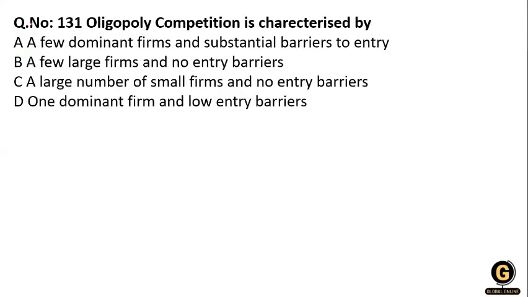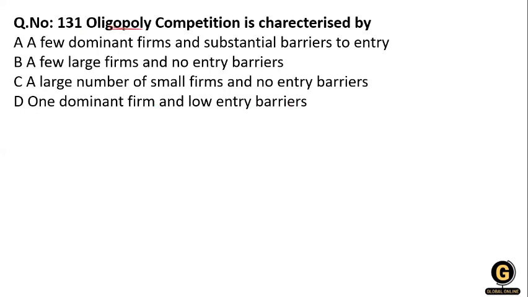Now, the oligopoly market is characterized by a few dominant firms and substantial barriers to entry, a large firm and no entry barriers, a large number of small firms and no entry barrier, or one dominant firm and no entry barrier.